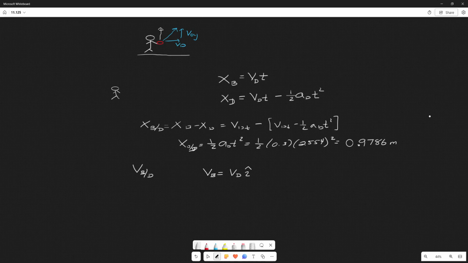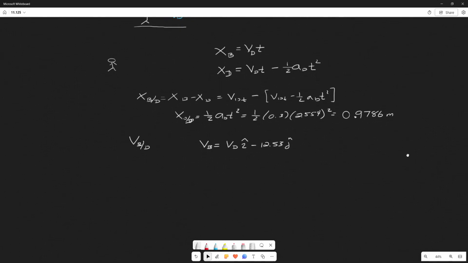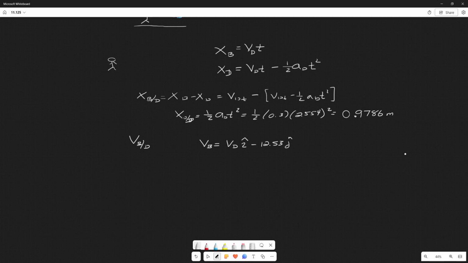And then there's a vertical component. It starts off as an upward component, but when the ball comes back to the deck, it has a downward component of its velocity, which is negative 12.53 meters per second, j hat. So this is the velocity of the ball when it comes back to the deck.